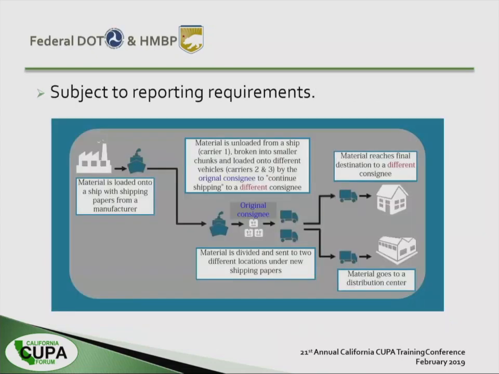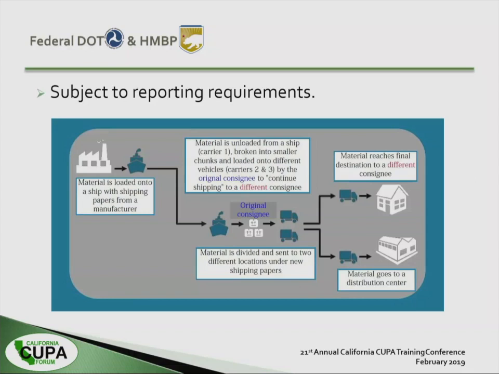So here we go. You have the material loaded onto a truck. It gets delivered to the original consignee. And from that original consignee, he decides, I'm going to subdivide it and sell it to individual A, B, C, and D. The manufacturer did not designate the other facilities as its consignee.